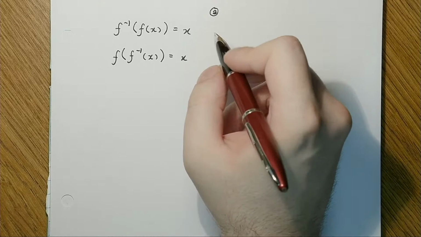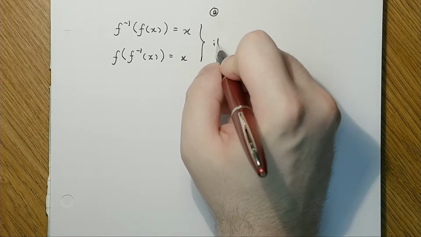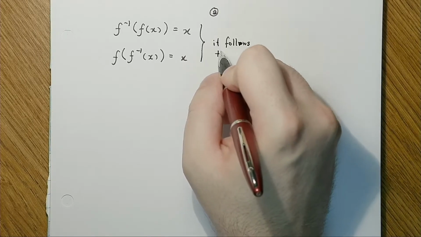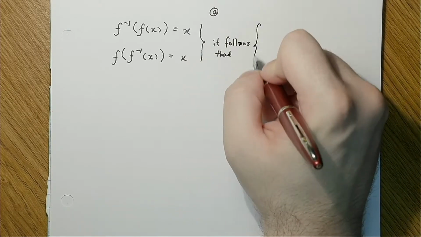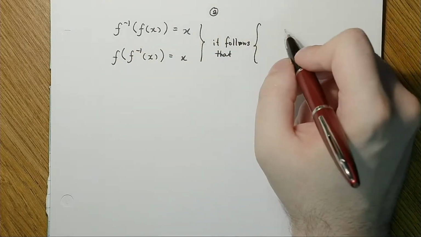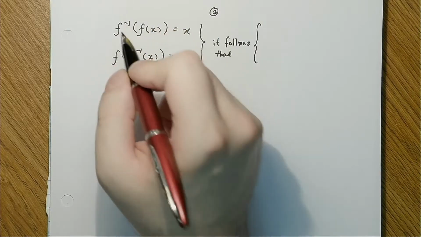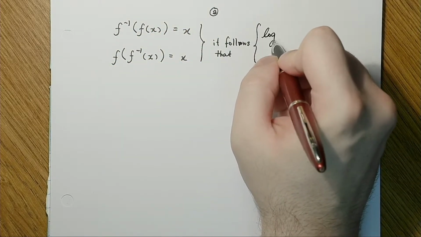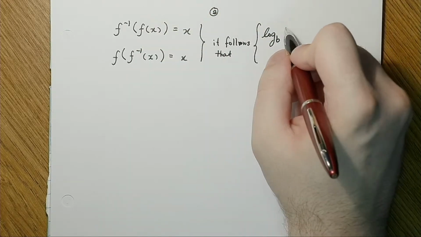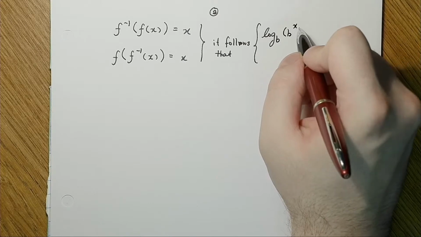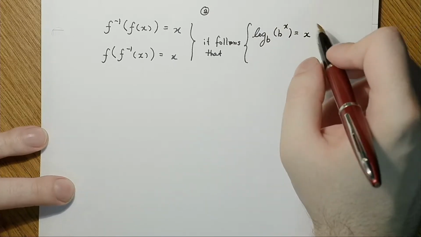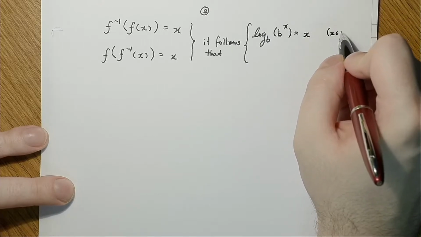So it follows from this that, since our inverse function is log, I'm going to write the log base b of our original function, which will be b to the x, is equal to x. So that's true for all the reals.